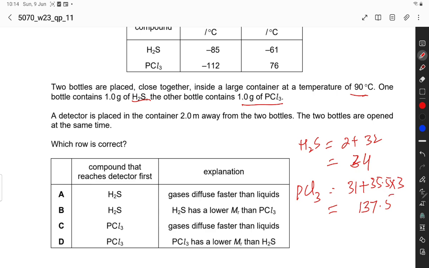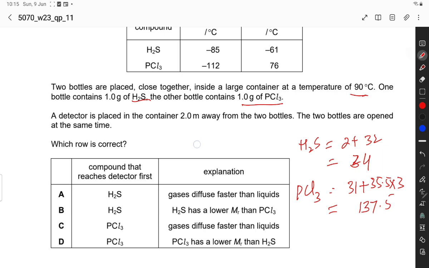So the Mr of this compound is 137.5. PCl3 has higher Mr, so it diffuses slower, and H2S has lower Mr, so it diffuses faster. So the gas which reaches the detector is H2S because it has lower Mr, and the lower the Mr, the faster it diffuses. Gases diffuse faster than liquids.